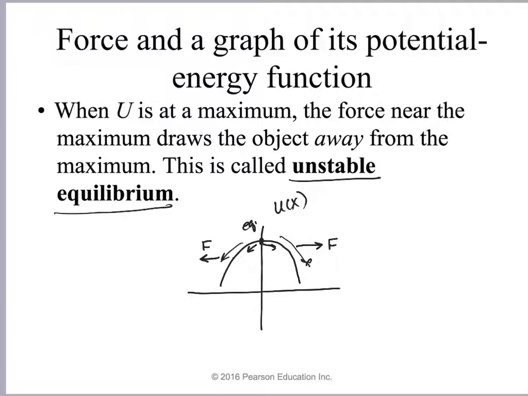That's the situation where, if you do a displacement from the equilibrium, the object just goes away from it and can't come back. An example of this is a physical pendulum, like a rod that's pivoting around a location.